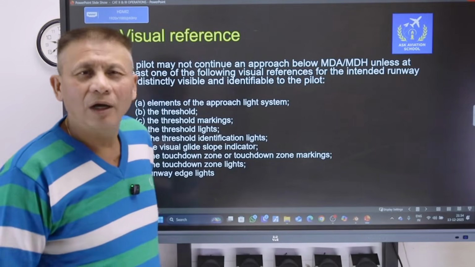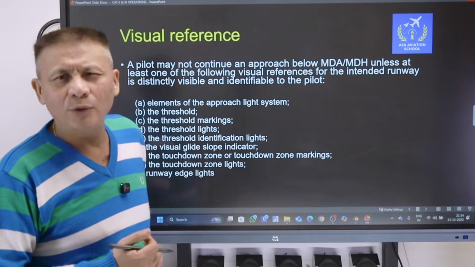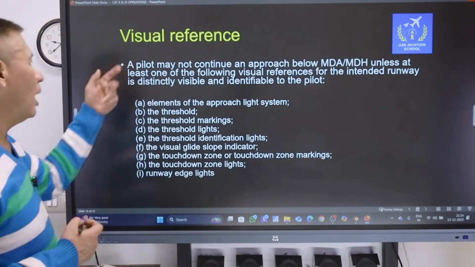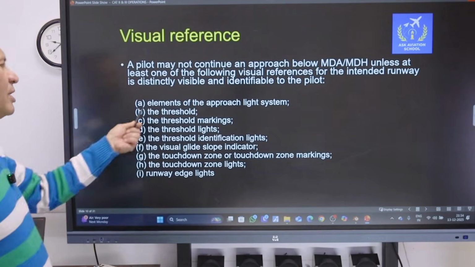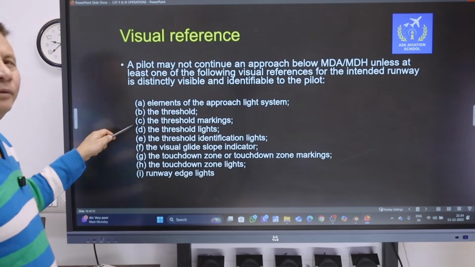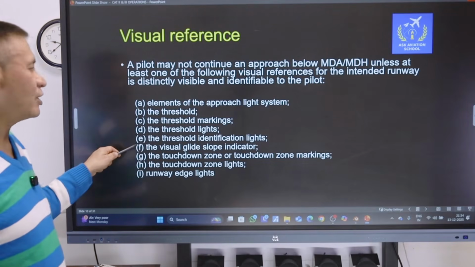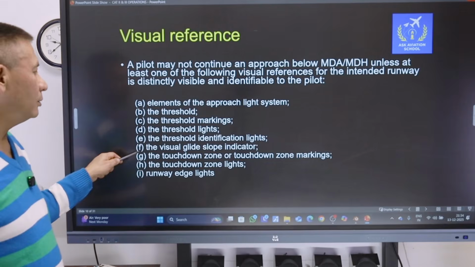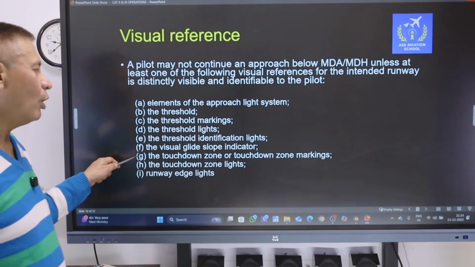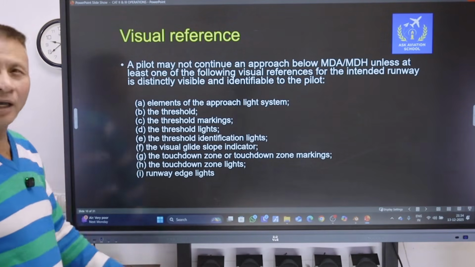So now I was talking about the visual references you are required to see when you are at the minima. The visual references are these: the elements of the approach lighting system, the threshold as such, the threshold markings, threshold lights, threshold identification lights, the visual glide slope indicators, the touchdown zone markings, touchdown zone lights, runway edge lights.